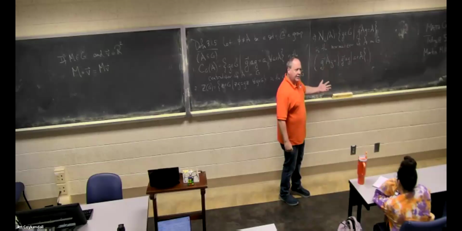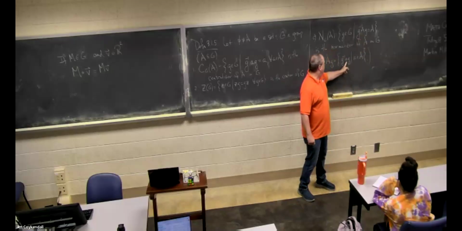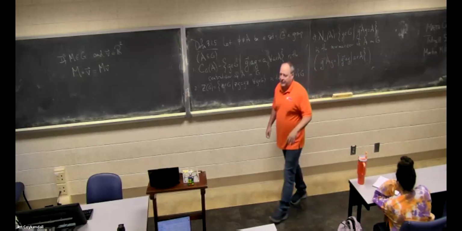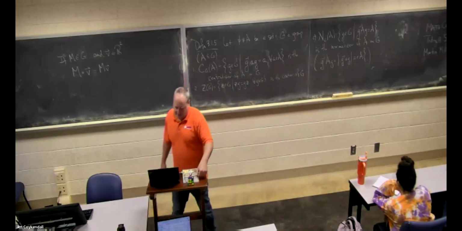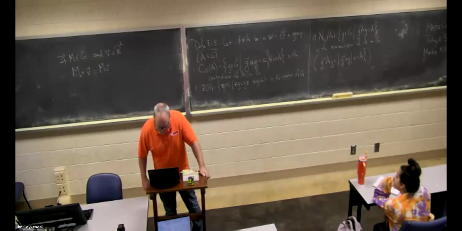The notation is suggestive. A is a set of things, maybe a1, a2, all the way up to a10. This is a set of everything in the form g inverse a1 g, g inverse a2 g, and so on, so you just conjugate each element. This is called the normalizer of A in G.